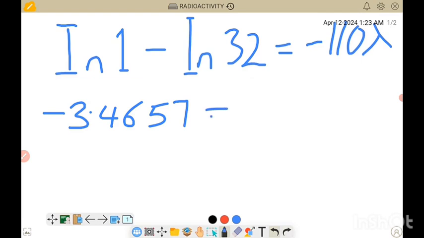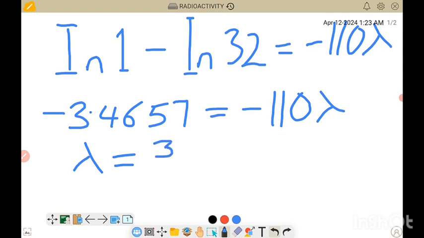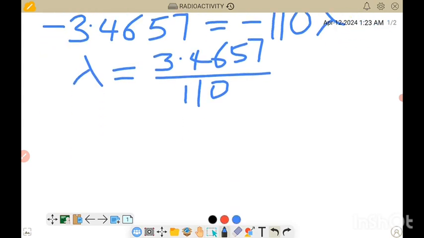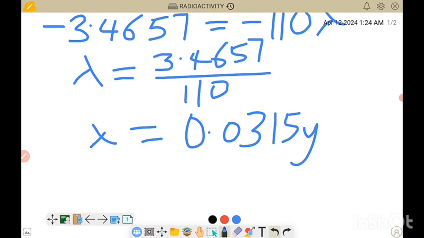And that is equal to minus 110 lambda, and we know that the minus will cancel minus, and lambda will be equal to 3.4657 over 110, and that will give us lambda to be equal to 0.0315 per year.